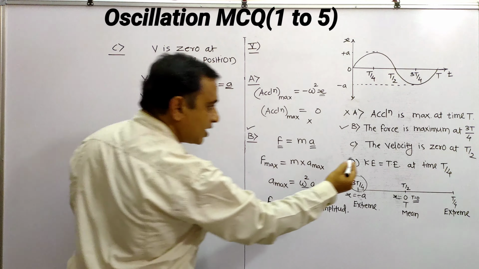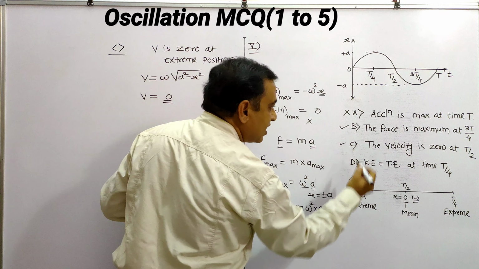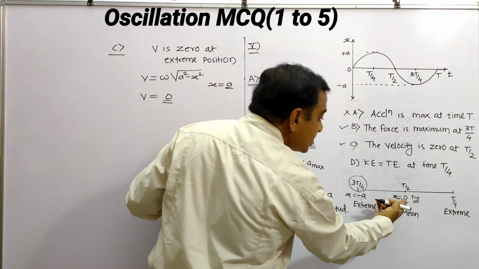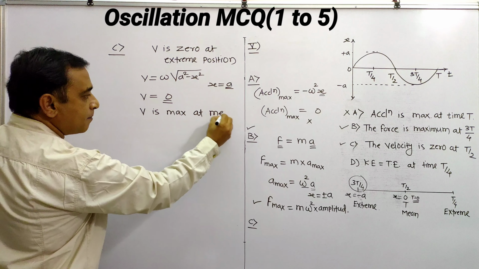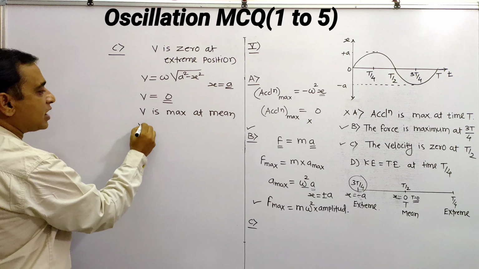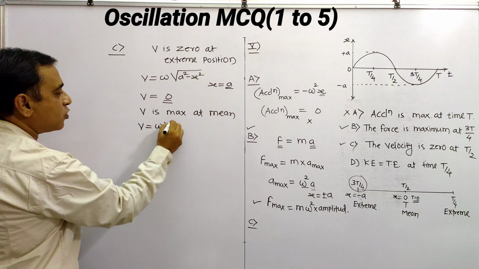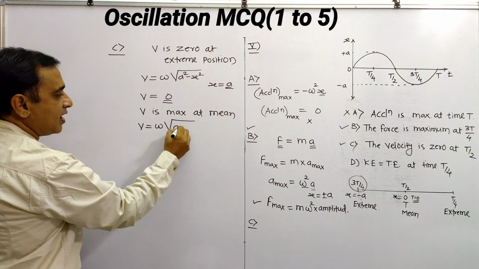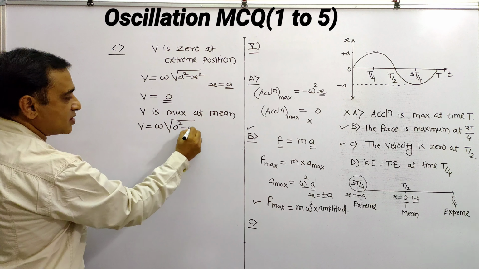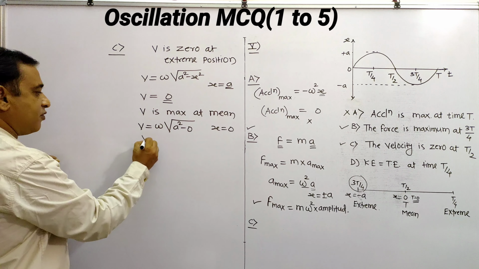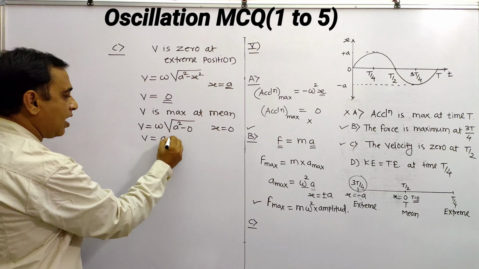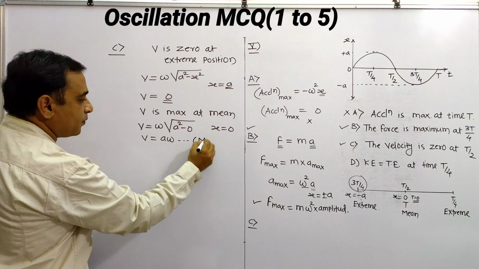We know this very well, but here it is given that V is 0 at T by 2. T by 2 is where the mean is, and V is maximum at mean. Why? Because we know that V is equal to omega into under root of A square minus 0, because at mean x is equal to 0, and V is equal to A omega, which is maximum.